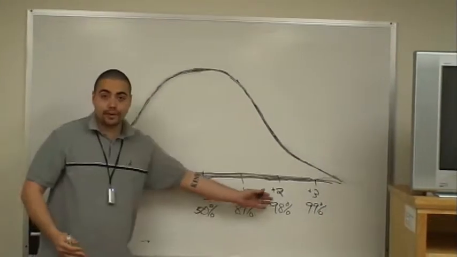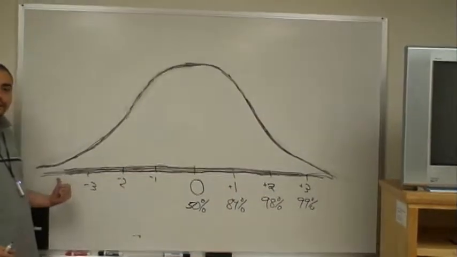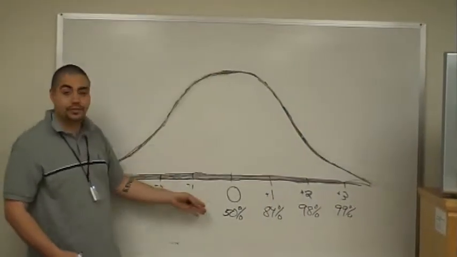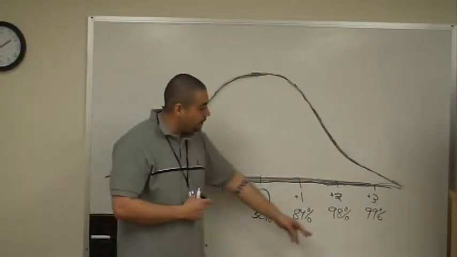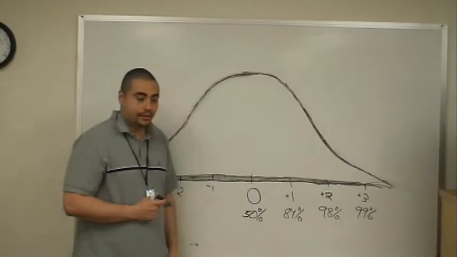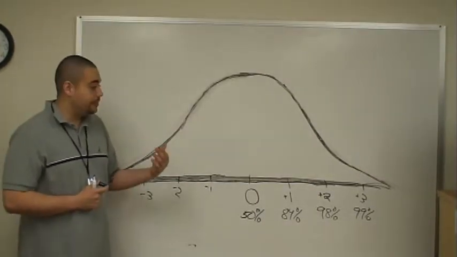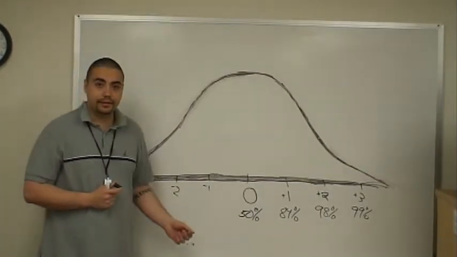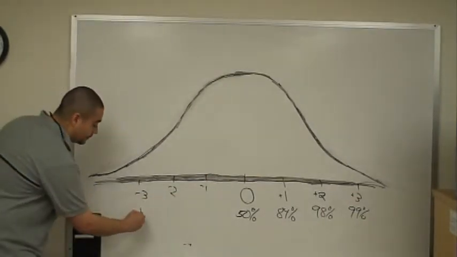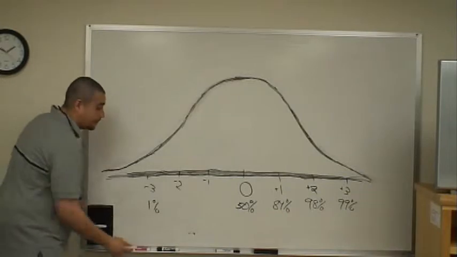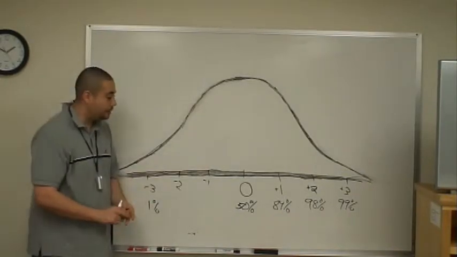Now, if you know this direction, you automatically know the other direction by doing a little bit of math, because the normal distribution is perfectly symmetrical. For example, we know that +3 standard deviations above the mean, or a z-score of 3, is at the 99th percentile rank. If we take 1 minus that, we get the 1st percentile rank down here. And we can just work our way across.